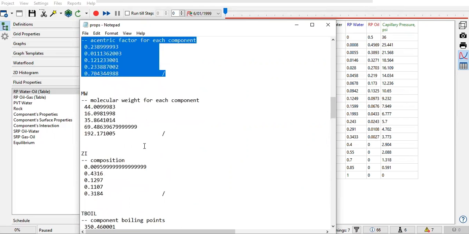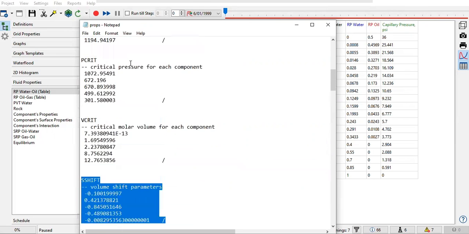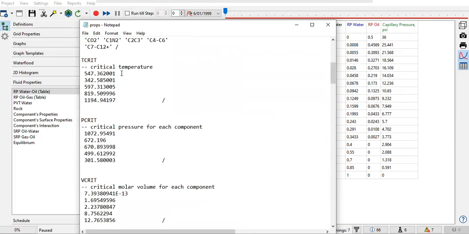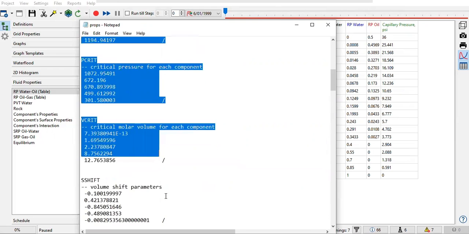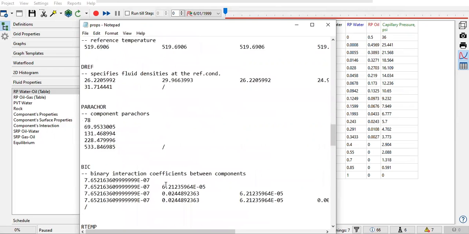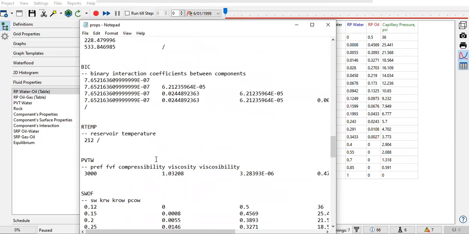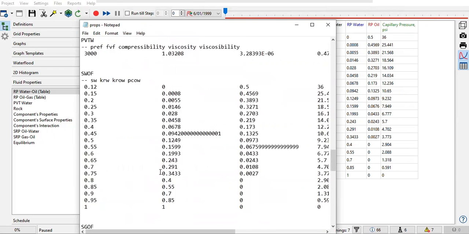So like in this case, if in this model we are using pressure of 3000, then in your model you also work around that pressure as well. Okay, so what we have here can be applicable for your case as well. So that's the main thing. But of course, the best thing is you need to do the fluid modeling, fluid matching, something like that.